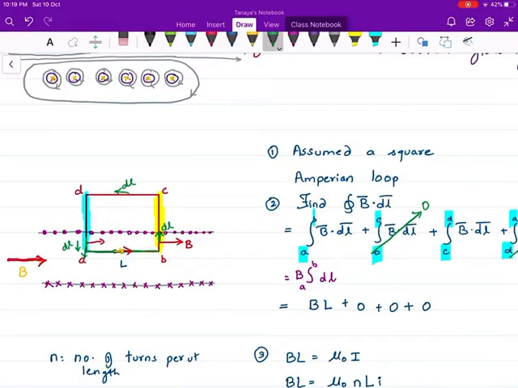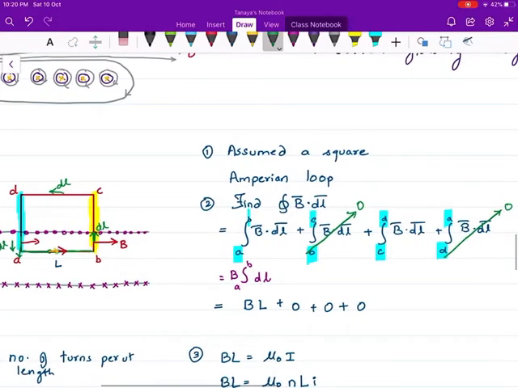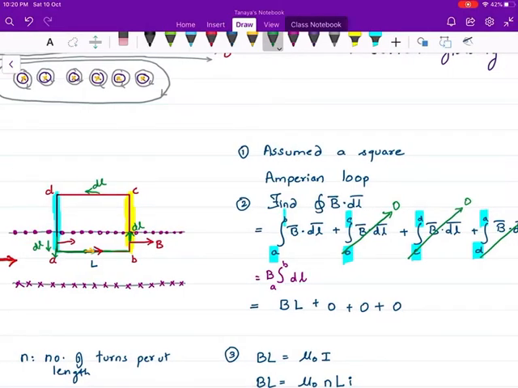We are considering the case of an ideal solenoid, and so outside the solenoid the magnetic field is 0. If the magnetic field is 0, this entire term is going to be 0. Right? So we have only one term which is contributing, that is B, integral A to B dl. Now what is this integration of dl? Integration of dl is going to be integration of this part.